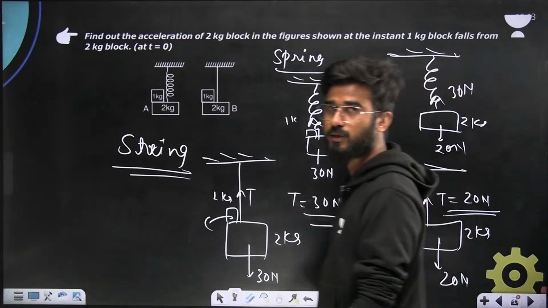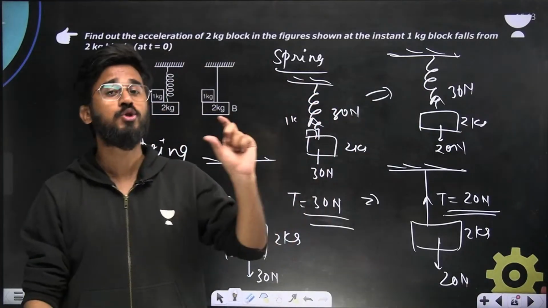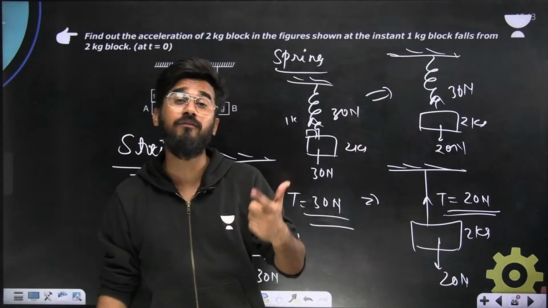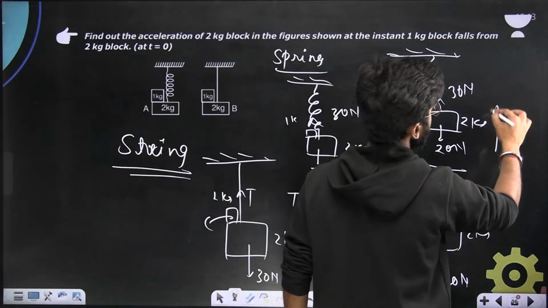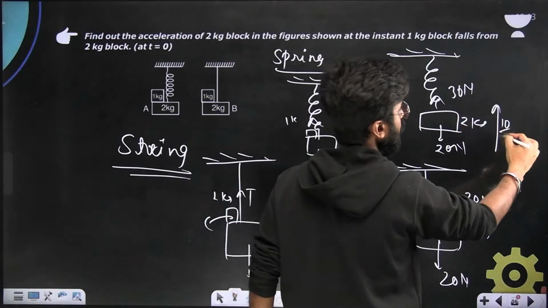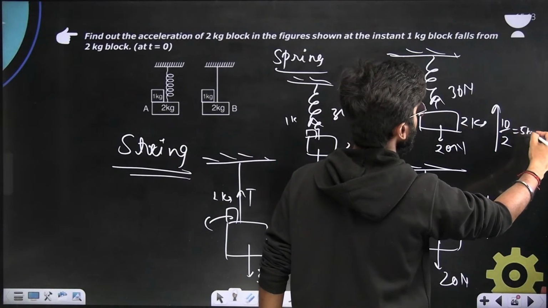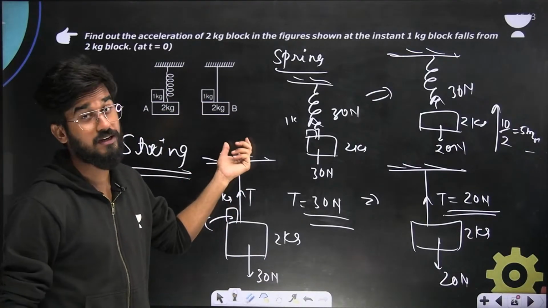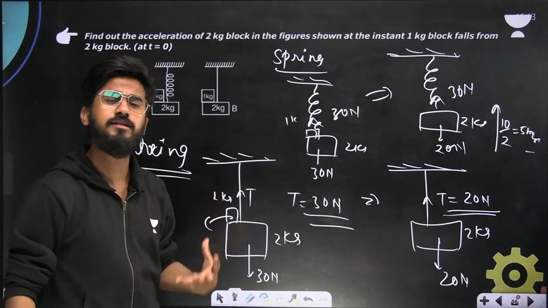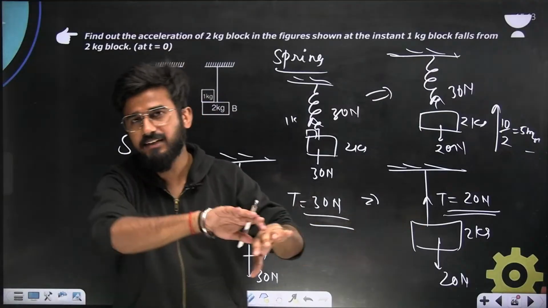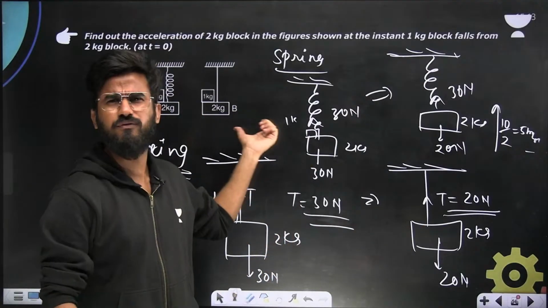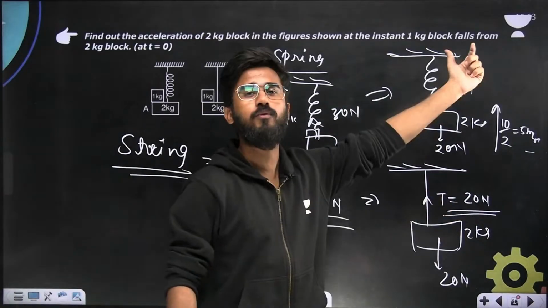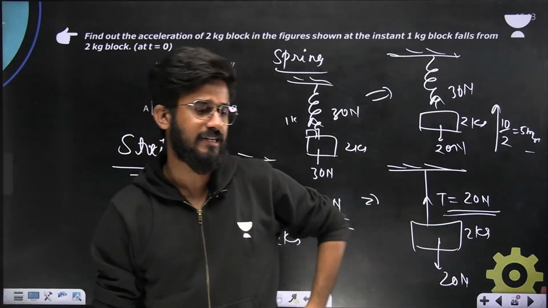So downward there is 20 Newton, upward there is 30 Newton. So there is a net force of 10 Newton upward, and with a mass of 2 kg, acceleration is 5 meters per second square. So for the string, the acceleration of the 2 kg mass becomes 0, because as we removed 1 kg, it doesn't move. But for the spring, it goes upwards with an acceleration of 5 meters per second square.